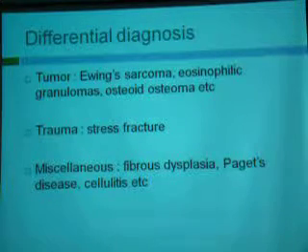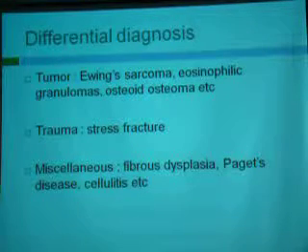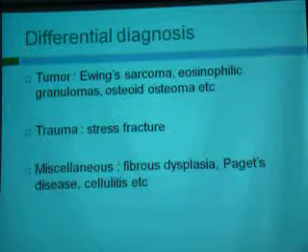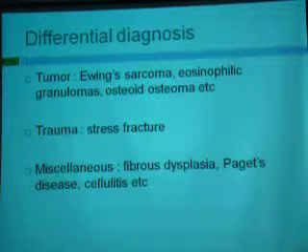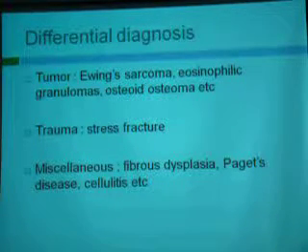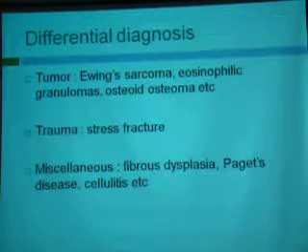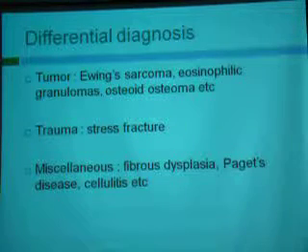Certain conditions can mimic chronic osteomyelitis. Of course, when there is a discharging sinus, it becomes a diagnosis by inspection, but you should not get carried away without giving a second thought. There may be a neoplastic condition which has ulcerated or developed a sinus, so you should keep that in mind and try to rule these out during examination.